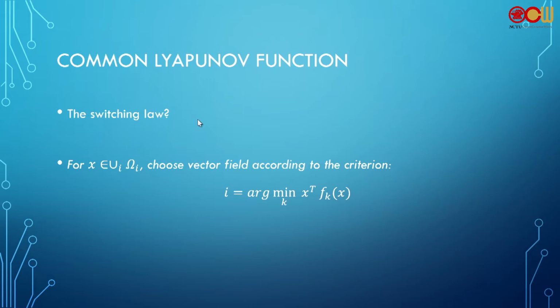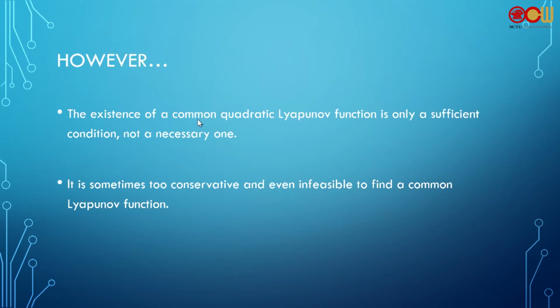So this x transpose f you can consider as kind of V dot, the decreasing rate, and you choose the minimal one.